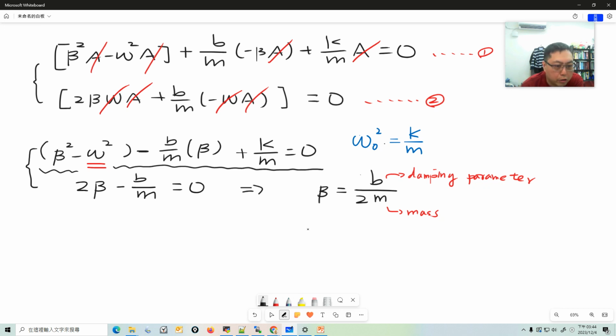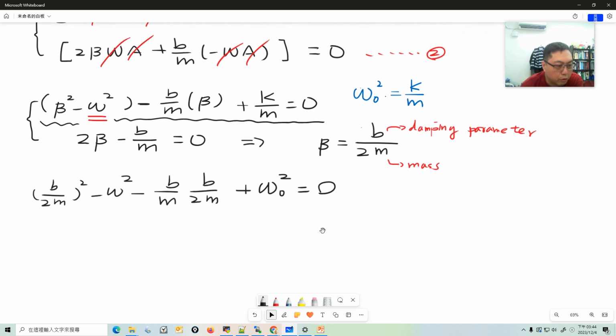Okay, so beta is b over 2m. So b over 2m squared minus omega squared, and beta is b over 2m. So m plus omega 0 squared equal to 0.